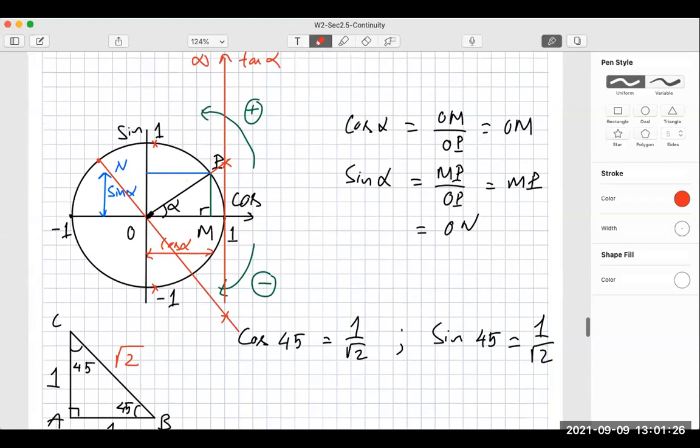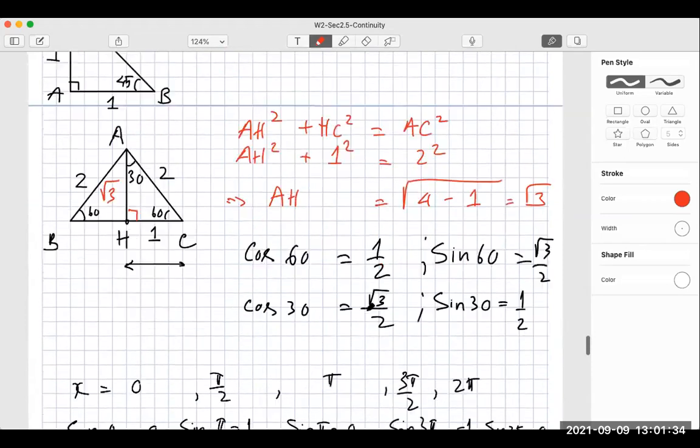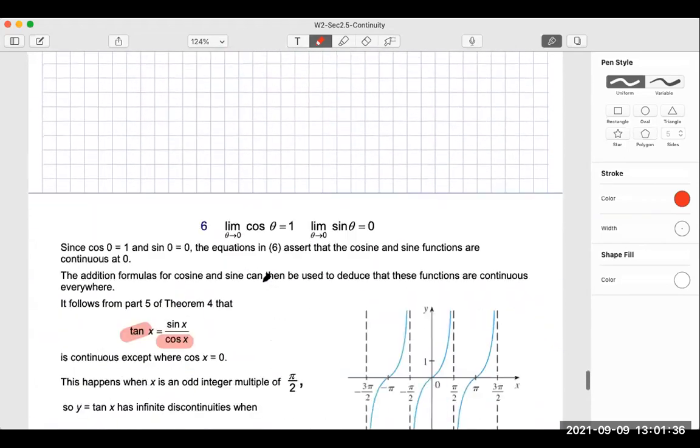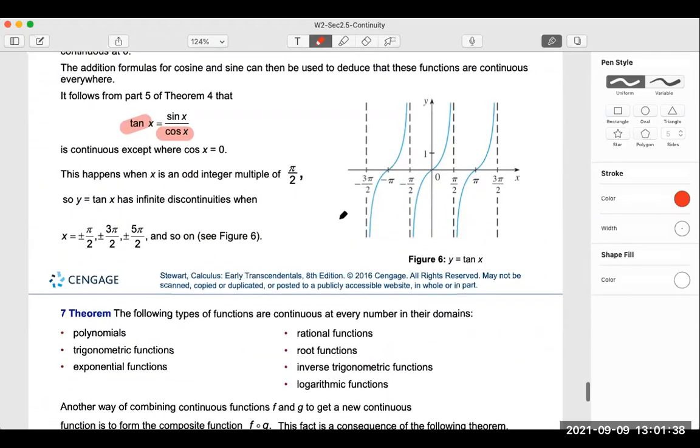Cosine is equal to 0 means when we project back here, it should be pi over 2 or negative pi over 2. Very good. That is why. So anyway, it is another review about the continuity of the sine and cosine functions, trigonometry. Is it clear? Very good.